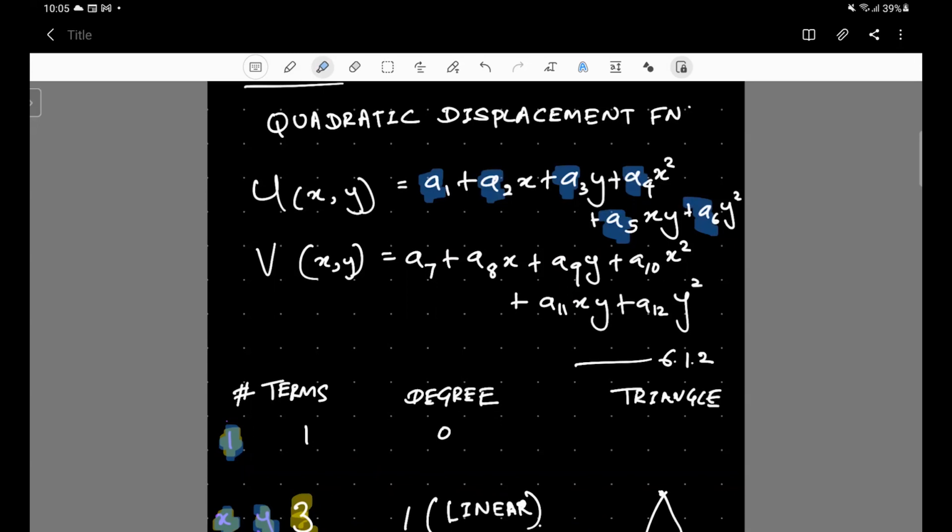Similarly, you can do the same procedure again for v, apply the nodal coordinates corresponding to each node, and write down a simultaneous set of equations for v1 to v6 and solve to obtain the coefficients from a7 to a12, and also substitute the corresponding values in equation 6.1.2 to explain the displacement in the v direction.